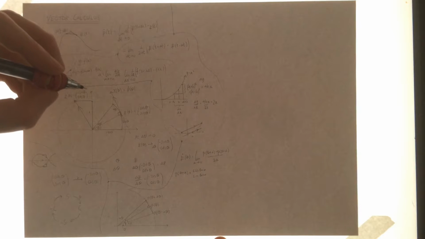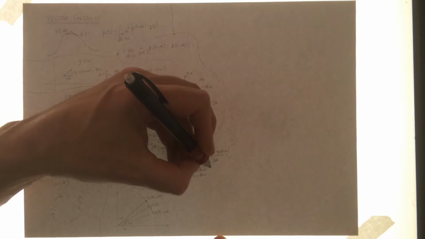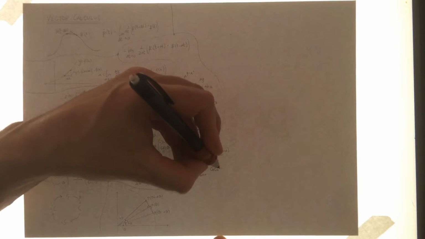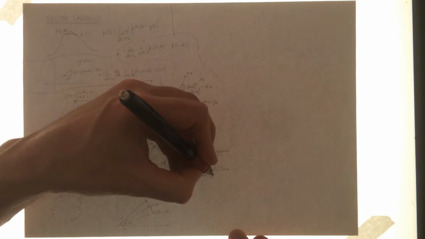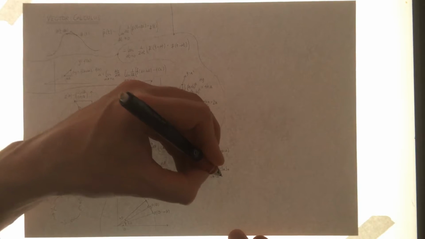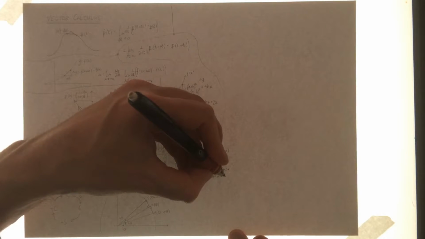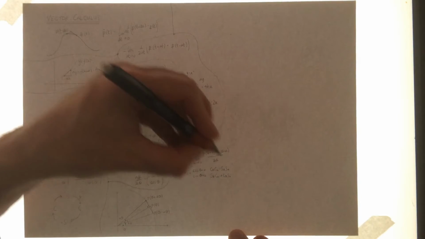And using double angle formulae, you'd expand those out to get cos theta cos delta minus sine theta sine delta, and sine theta cos delta plus cos theta sine delta.